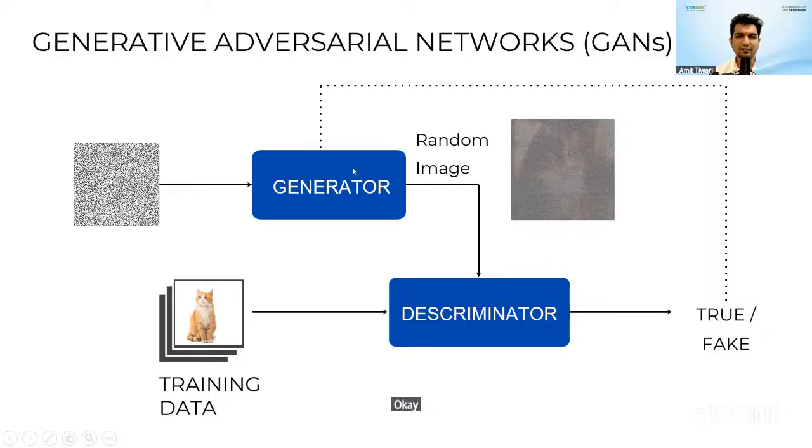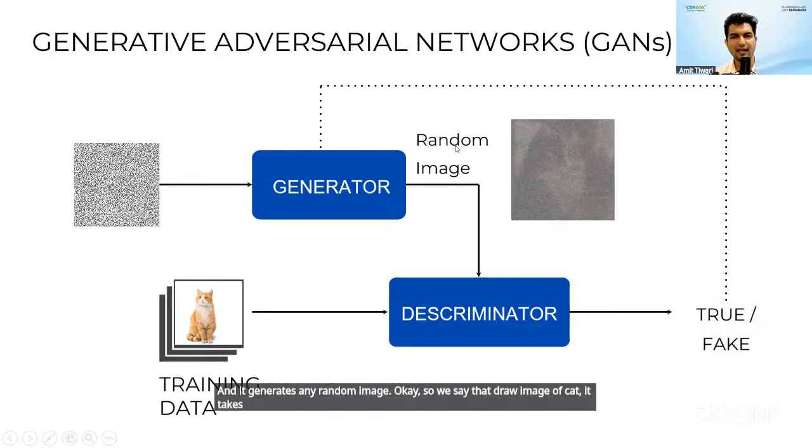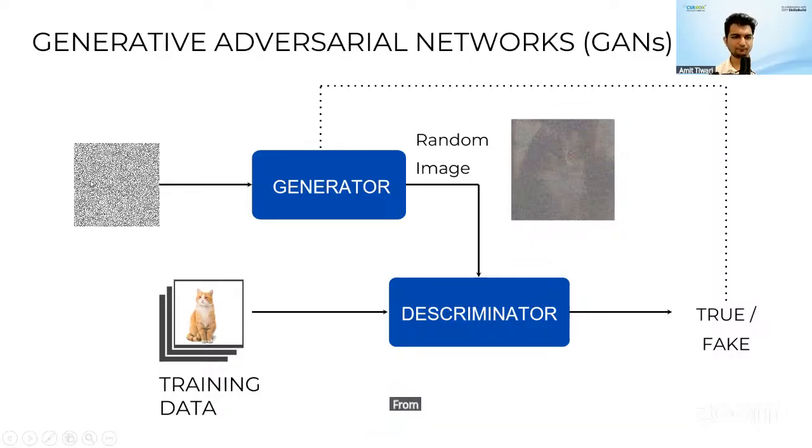The generator takes as input any random noise, like you see when you don't have any network on TV, and it generates a random image. We say draw an image of a cat. It takes this random noise and generates a random image, which doesn't look like a cat yet. It generates anything random from this.